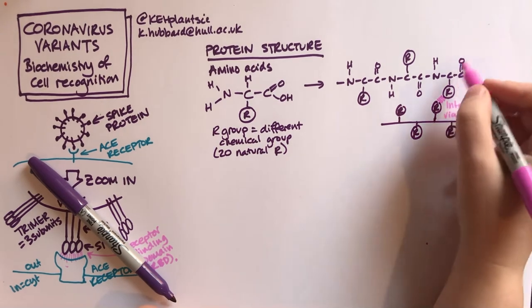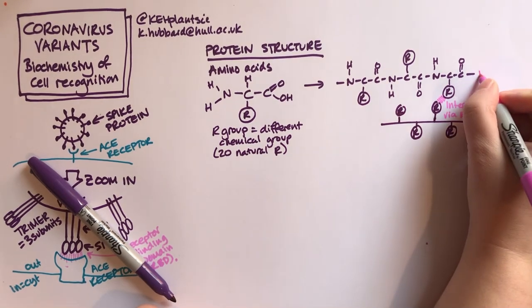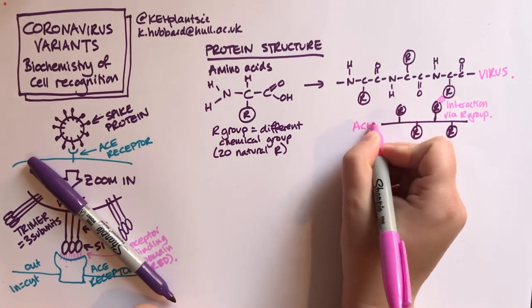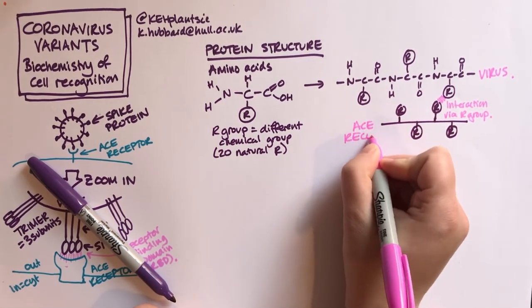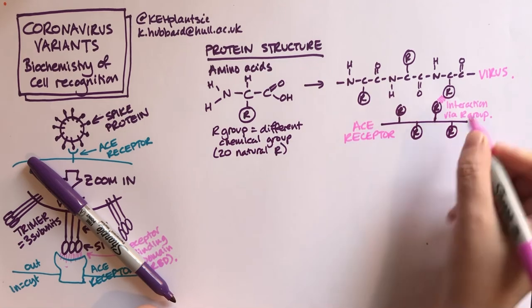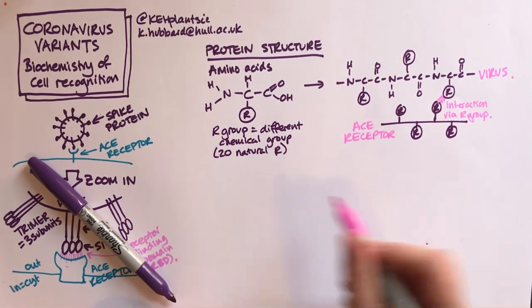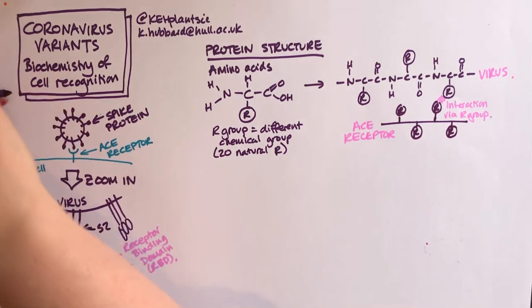So if this is the virus and this is the ACE2 receptor, which R groups you have interacting really determine how attracted they are to each other and how sticky it is.